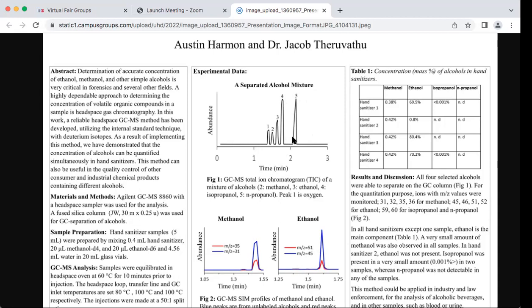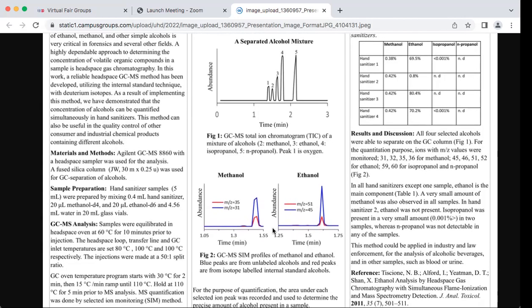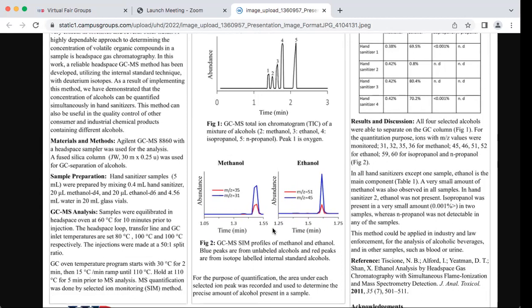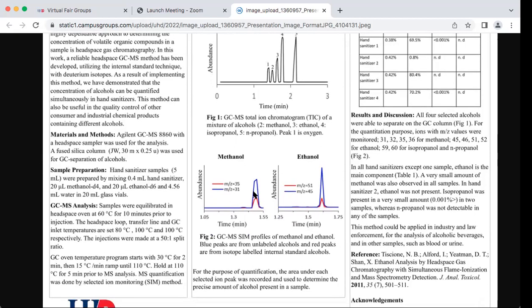Then to test it on hand sanitizer, we tried it with methanol and ethanol, and an internal standard methanol and an internal standard ethanol. The internal standard is the red peak for methanol, and for ethanol it's this one. The regular ethanol is the blue peak, and the regular methanol is this blue peak.